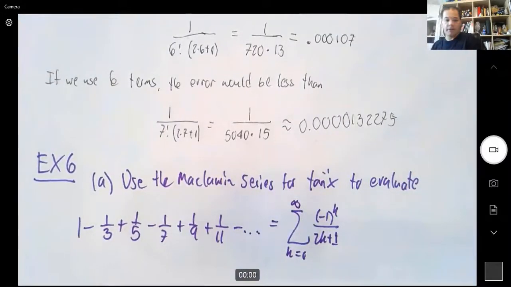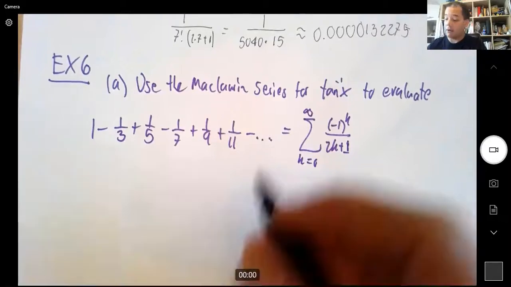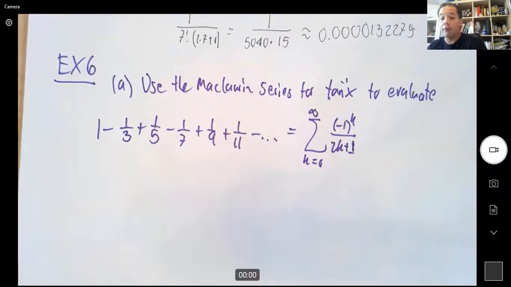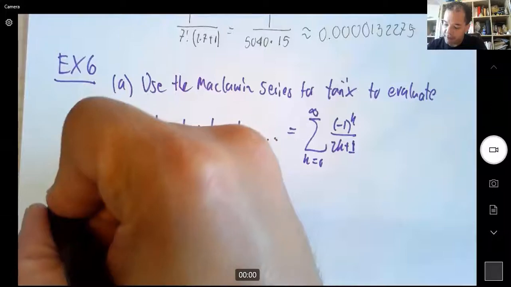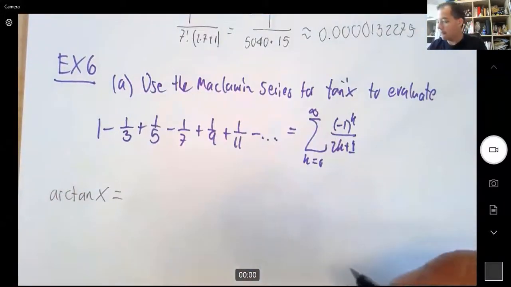All right. How do we do this? Well, let's start with the Maclaurin series for inverse tangent. And if you remember, we got that one by taking the series for 1 over 1 plus x squared and integrating. We did that a few days ago. So here is the one. So inverse tangent, this time I'm going to write arctangent, is the following power series.